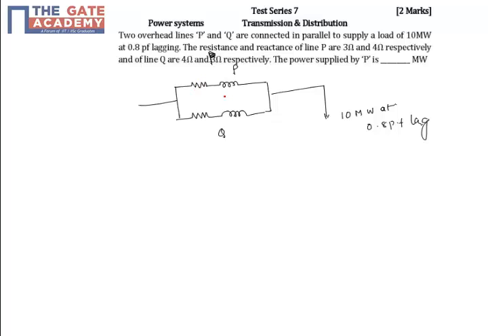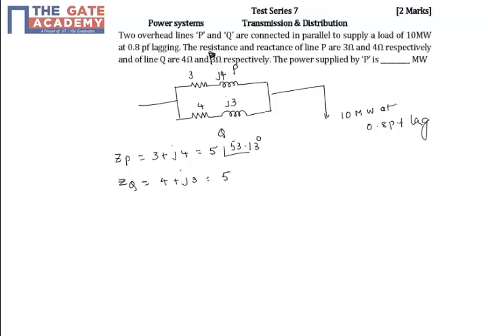So for P, the resistance is given as 3 and reactance is j4, and for Q the resistance is 4 ohms and reactance is j3 ohms. So Zp equal to 3 plus j4, this is equal to 5 at an angle of 53.13, and Zq equal to 4 plus j3.